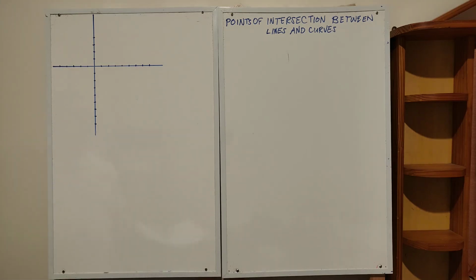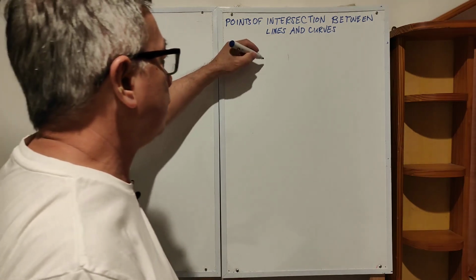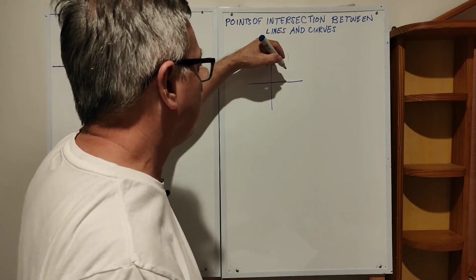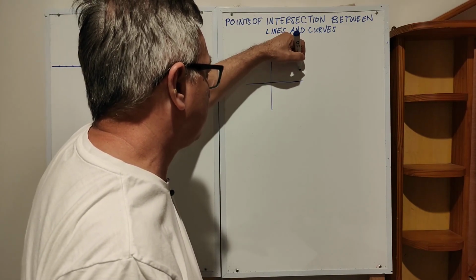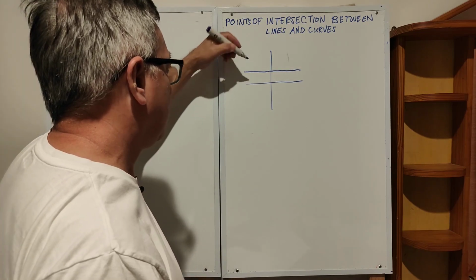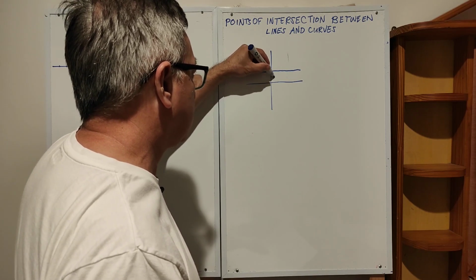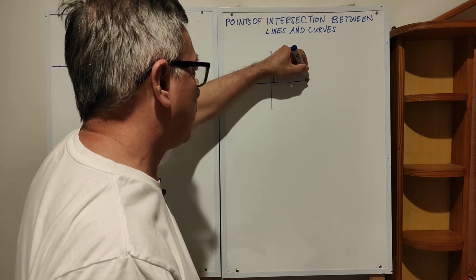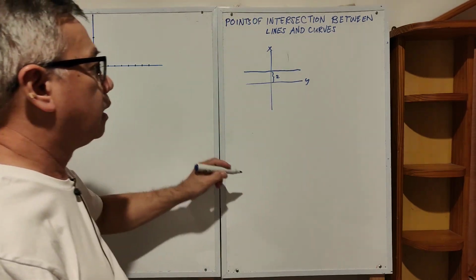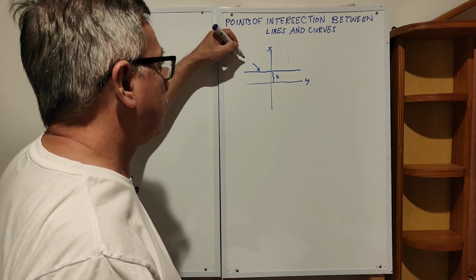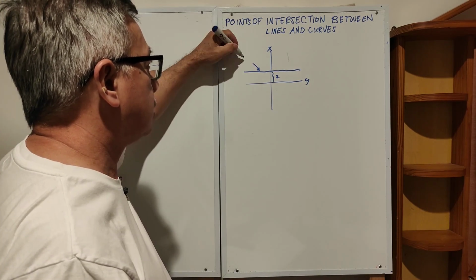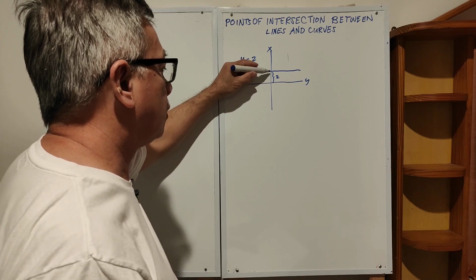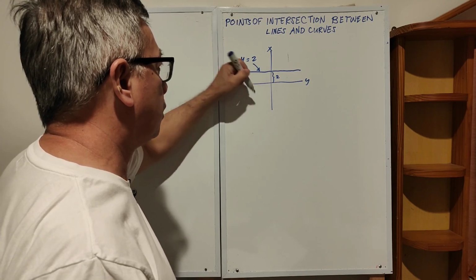So for example, if you have a graph and you have a perfectly horizontal line, and that line is 2 units from the x-axis. If this is your line, this line is y is equal to 2 because it has a height of 2.